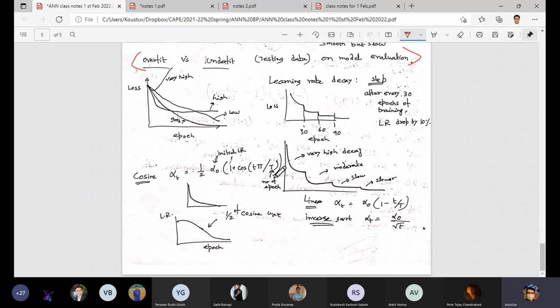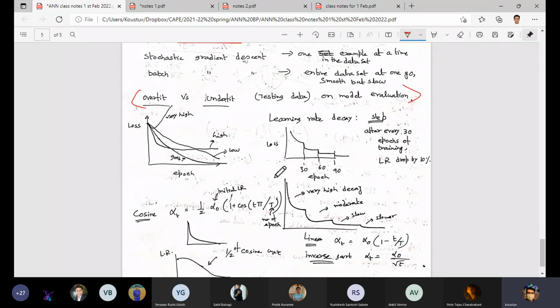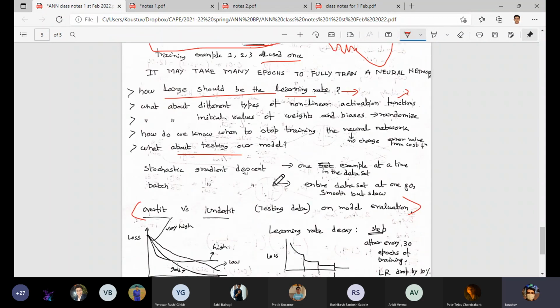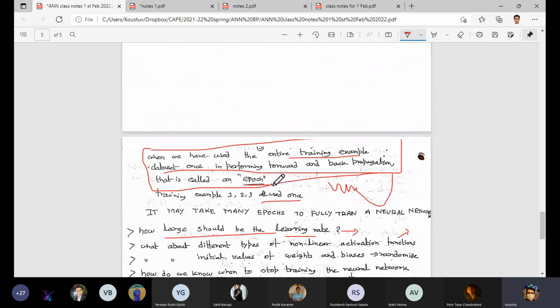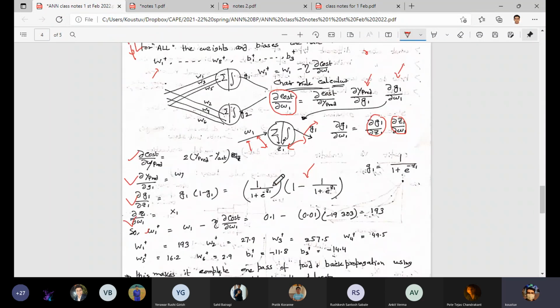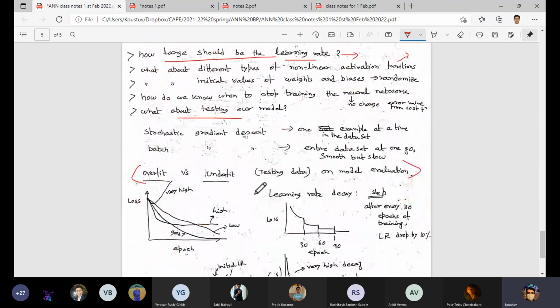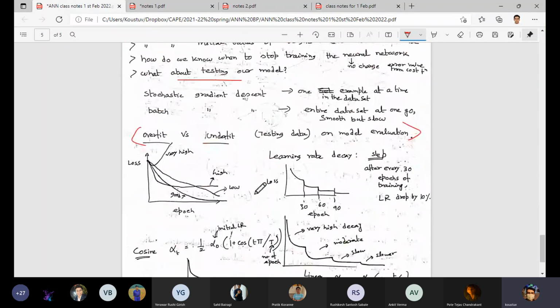So today we will end this class by commenting on the different types of learning rate. Here we have used a constant learning rate, 0.01. Generally, how do we choose the learning rate?